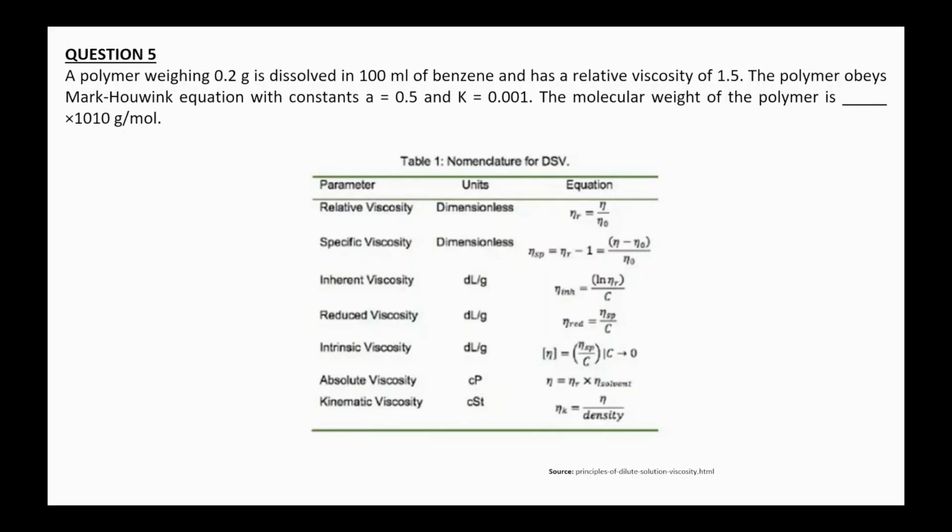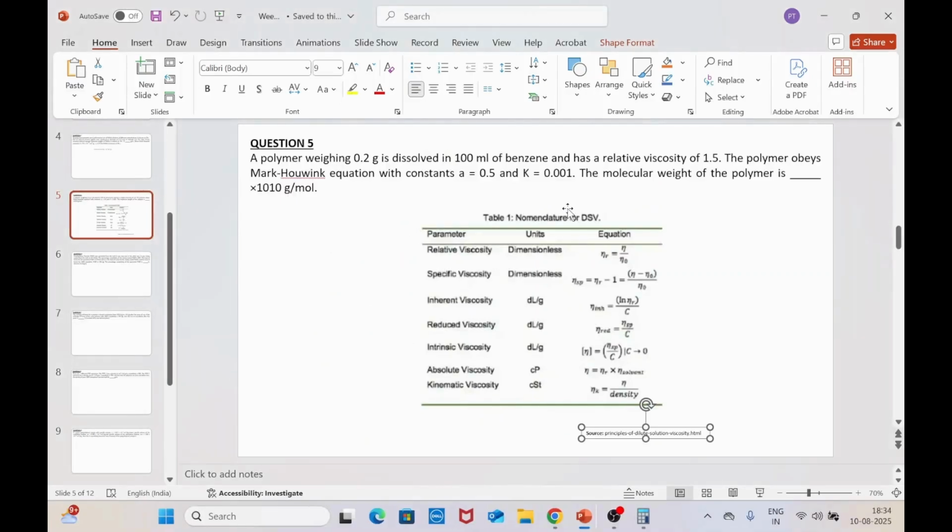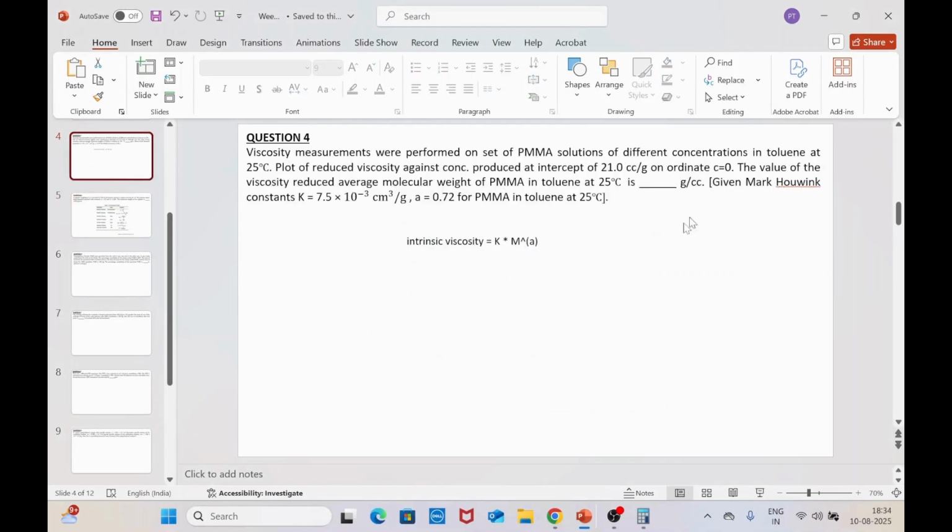is going to be the reduced viscosity, and when this reduced viscosity is taken at a concentration C tending to 0, it can be called the intrinsic viscosity. So that is what we have here. You have your reduced viscosity, but at C equal to 0, that reduced viscosity value is 21 cc per g.